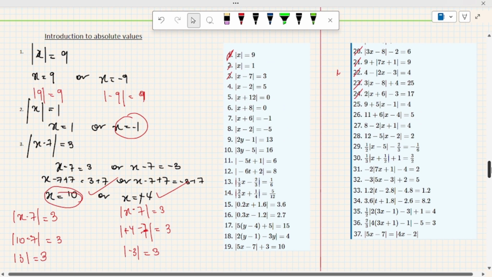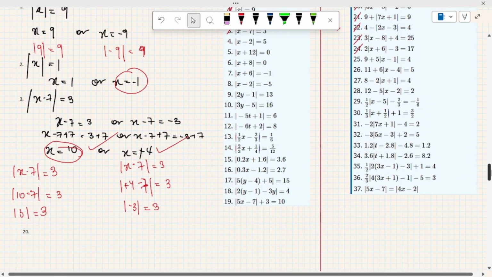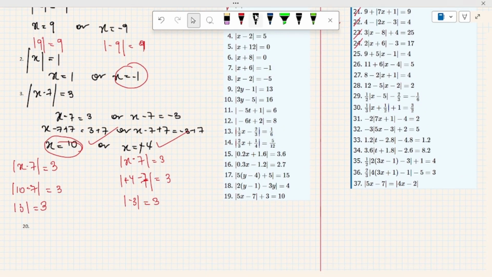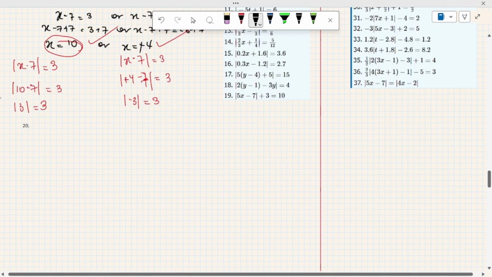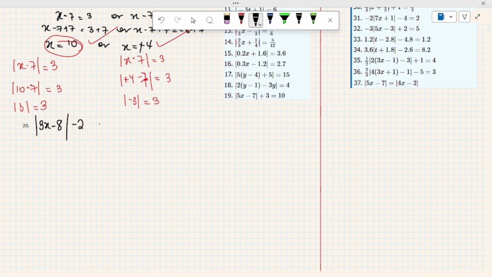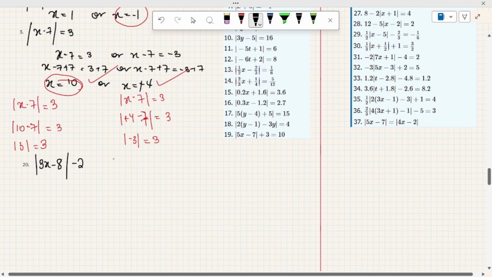So it's the absolute value of 3x minus 8, minus 2, is equal to 6.